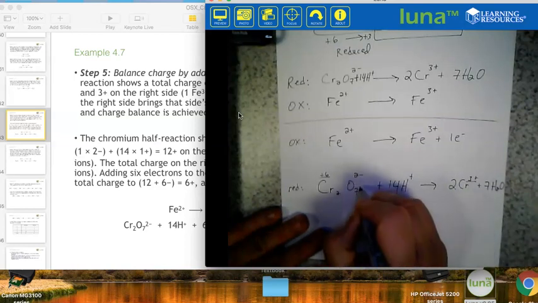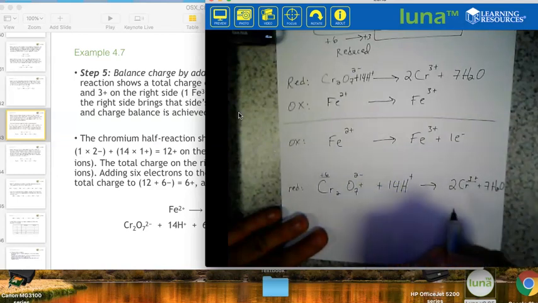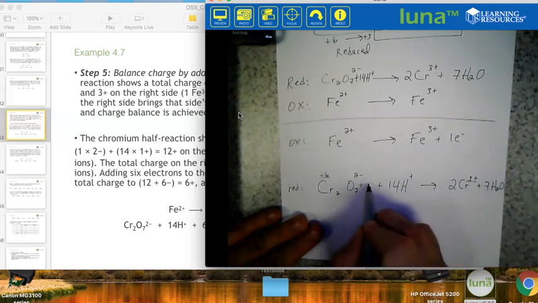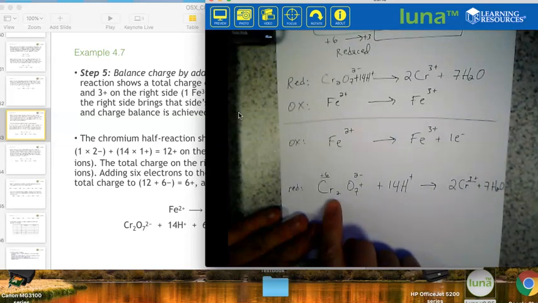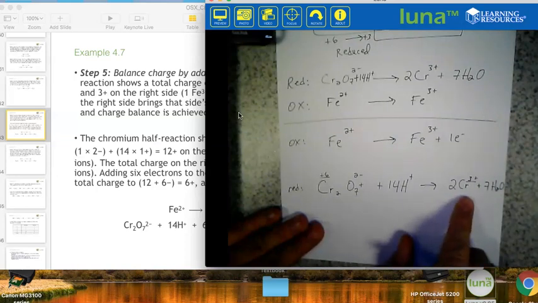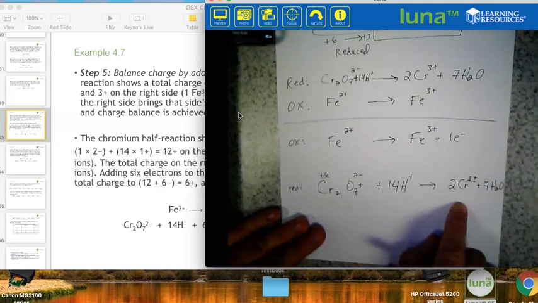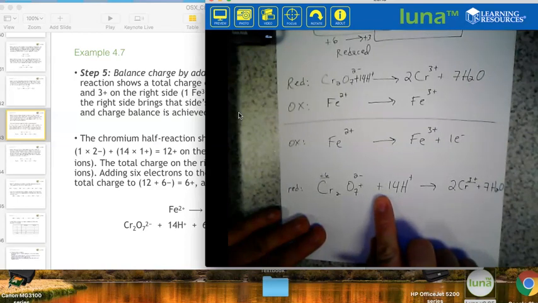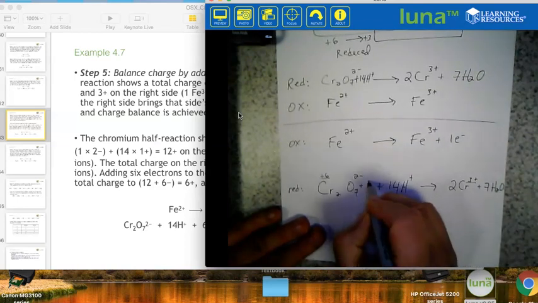It went from +6 to +3, which means it gained 3 electrons, but notice we have more than one atom here. Here we only had 1 atom, but here we have 2 atoms of chromium. So 3 times 2 is 6, so it's going to be 6 electrons.